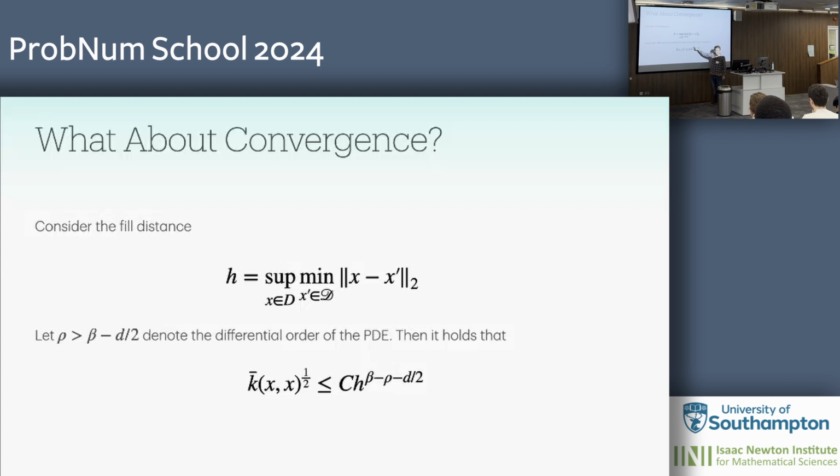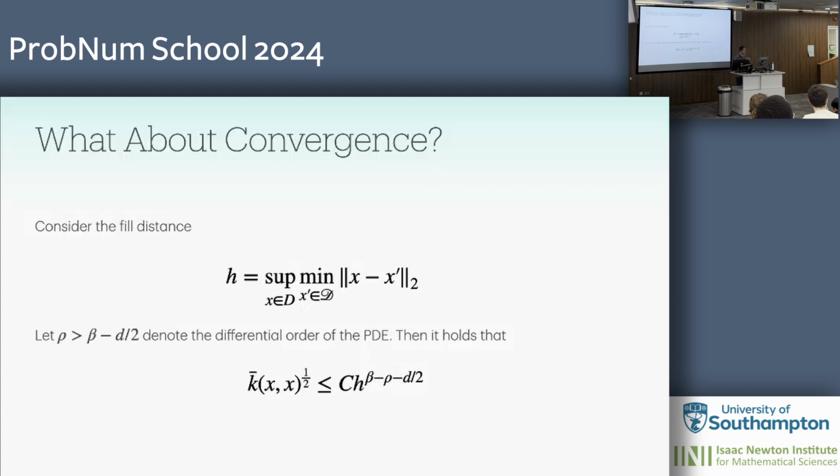Remember, beta is, roughly speaking, the level of smoothness in my prior. Rho is the differential order of the PDE, and d over 2 is related to dimension. So what this is saying is that I get a contraction in fill distance. If I can make my fill distance small, I make my posterior variance small.